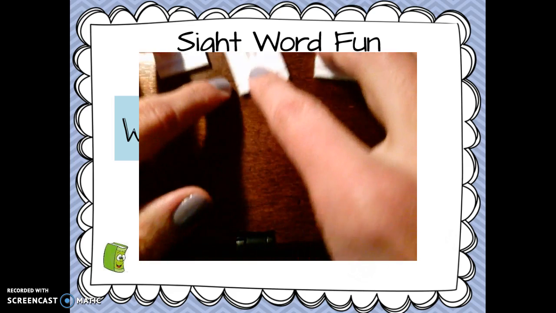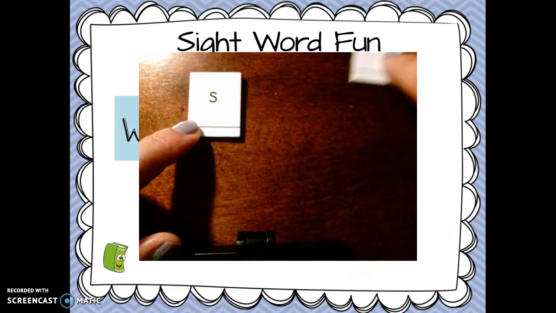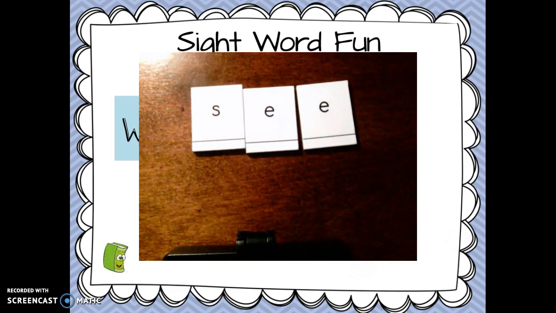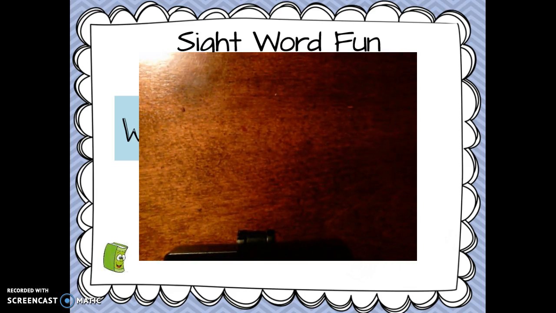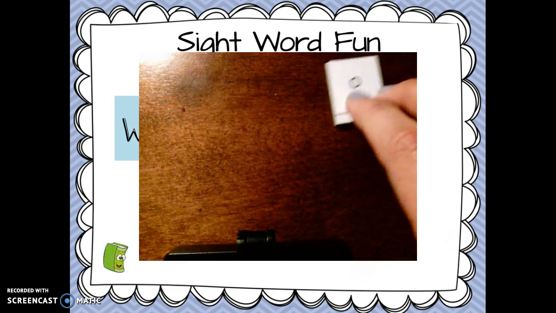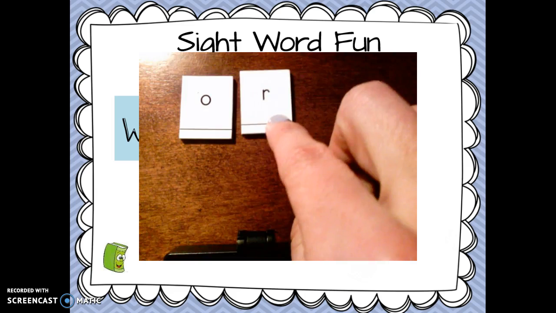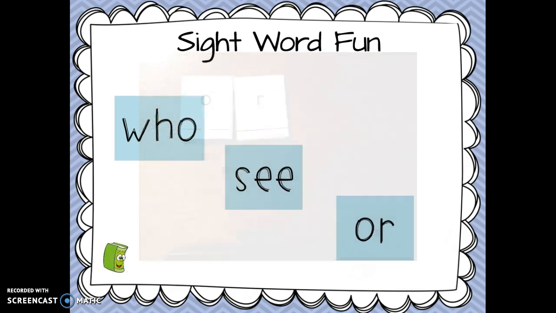And then I had the word see, see, and then I had the word or. So you're looking at your sight word card, take a picture in your mind, and then build the word or. You want to try to build it without looking at the word, okay, to see if you can remember from that picture that you took in your mind.